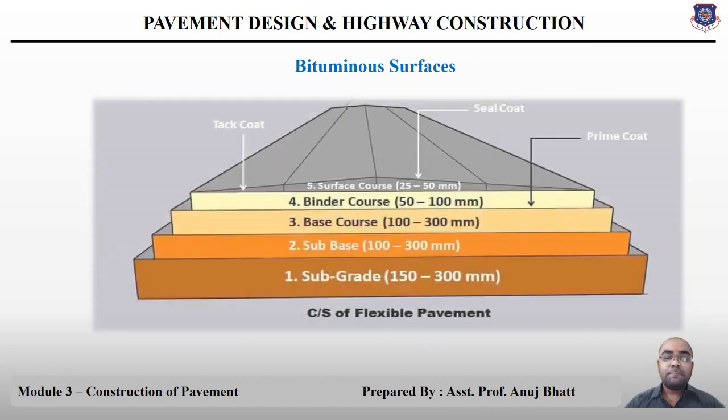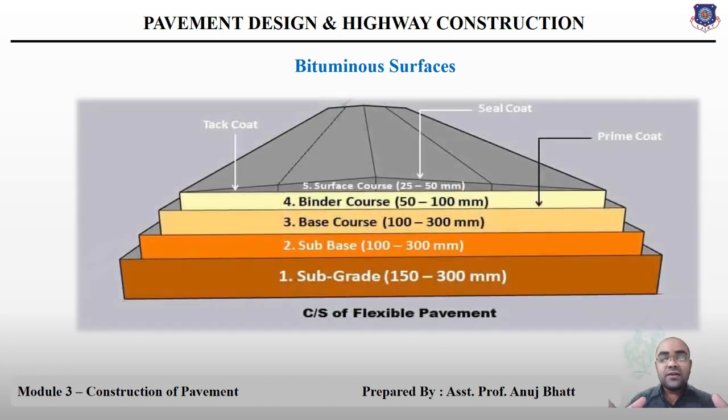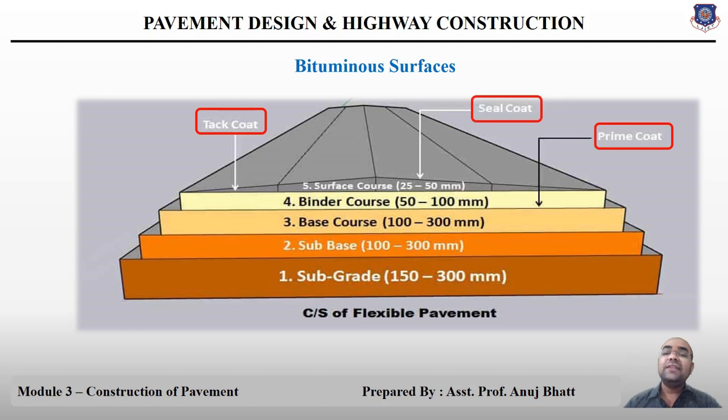Now this is the section of pavement wherein you can see the prime coat, tack coat and the seal coat. So these three coats we are providing as a bituminous layer, wherein the tack coat and the seal coat are in the surface layer, and the prime coat we are generally providing at the initial layer of the binder course.